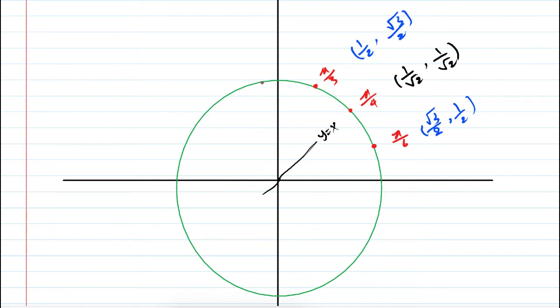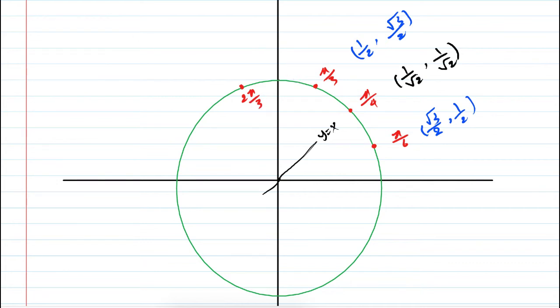And if I add another pi over 3, I'll get to 2 pi over 3. I'll reach here, so 2 pi over 3. As you can see, from here to here, if this is a, I'm just going to add an a to get to here, and I'm going to add an a to get to here. So this is 2 pi over 3.